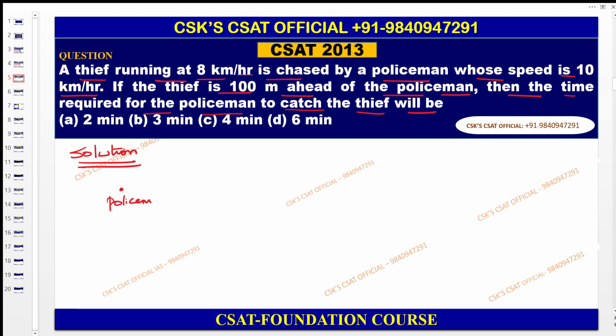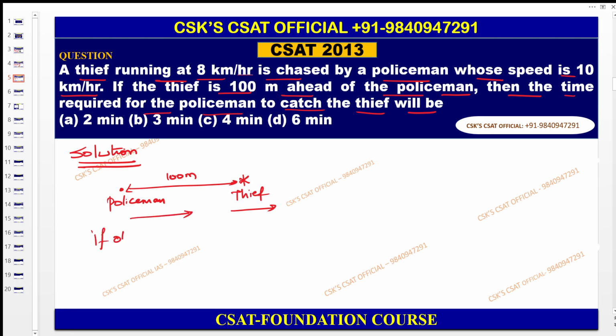policeman. Here, let us take the thief. So the distance between them is 100 meters. The thief is also running in this direction. The police is also running in this direction.